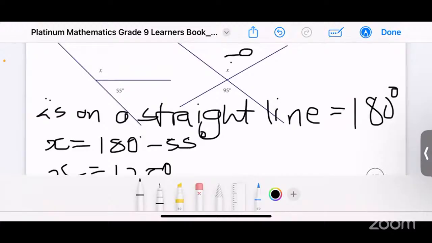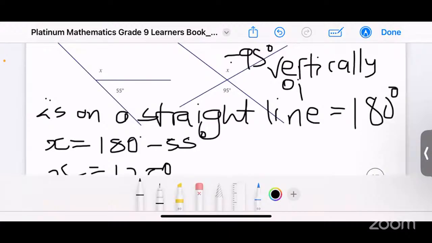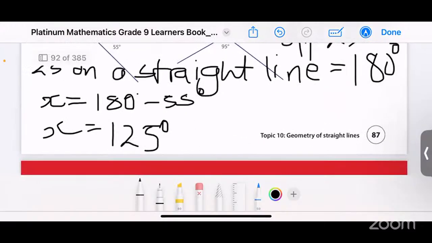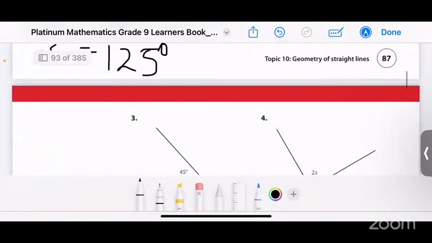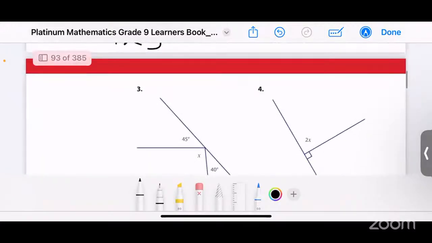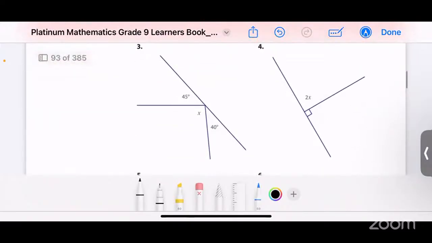X is equal to 95, vertically opposite angles. Is it clear? Then let's move to number 3.